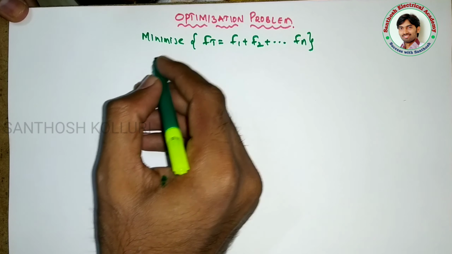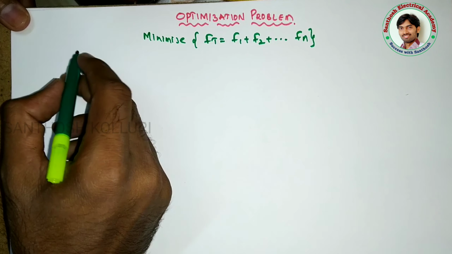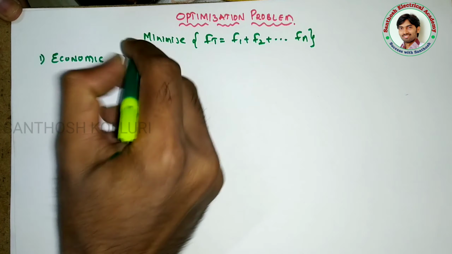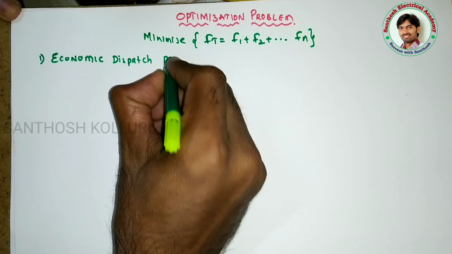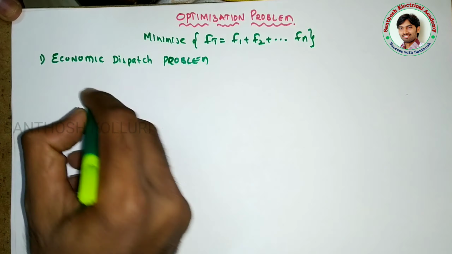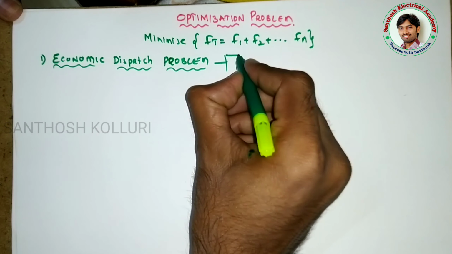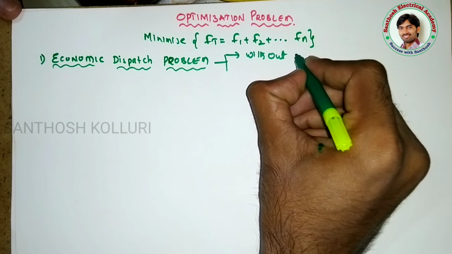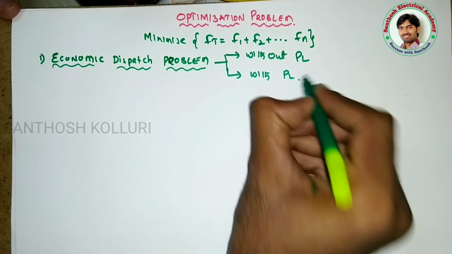In the economic dispatch problem, we have two types: one is economic dispatch problem without power loss, and the other is with power loss, that is, without mentioning the power loss PL, or with mentioning the power loss PL.